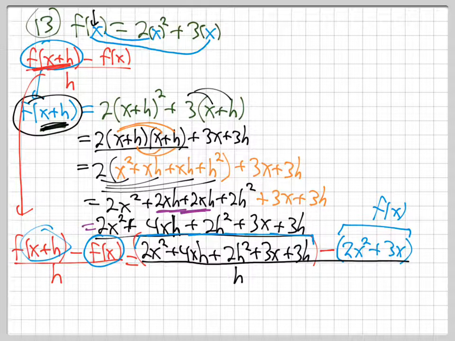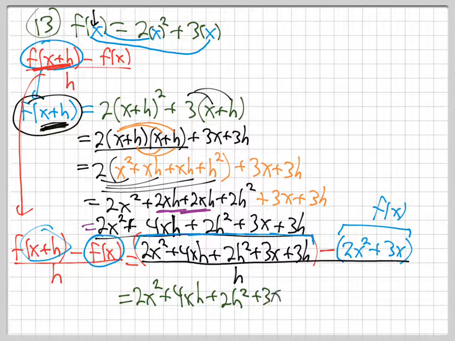We have f of x plus h and f of x, two groups with a subtraction in the middle, all over h. Okay, so now what? We're almost there. We just got to remove the parentheses. So we get 2x squared plus 4xh plus 2h squared plus 3x plus 3h. We just drop the parentheses on the first one. Nothing changes because there's nothing in front of that parenthesis.